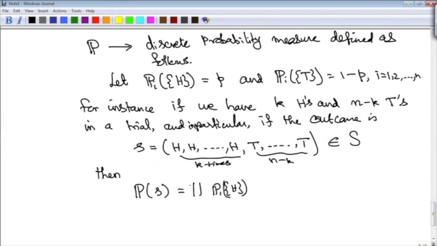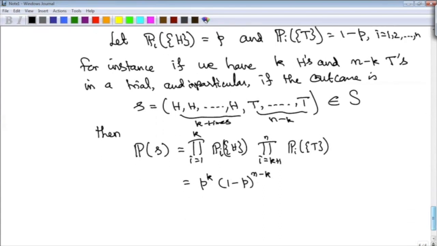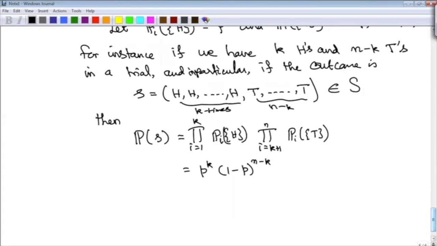First i equal to 1 to k for head, and then i equal to k plus 1 to n for tail, right? So that will be P to the power of k into 1 minus P to the power of n minus k. So that's the probability of one such element.